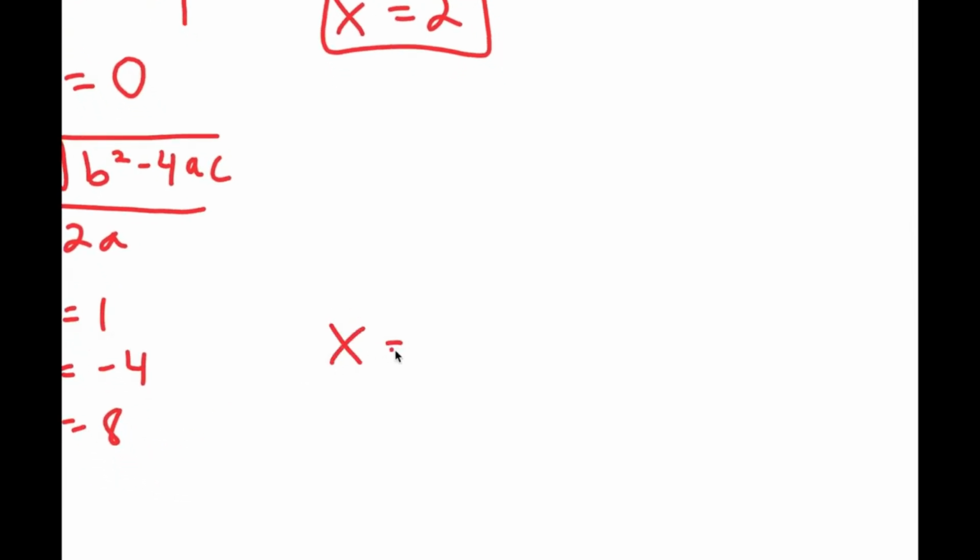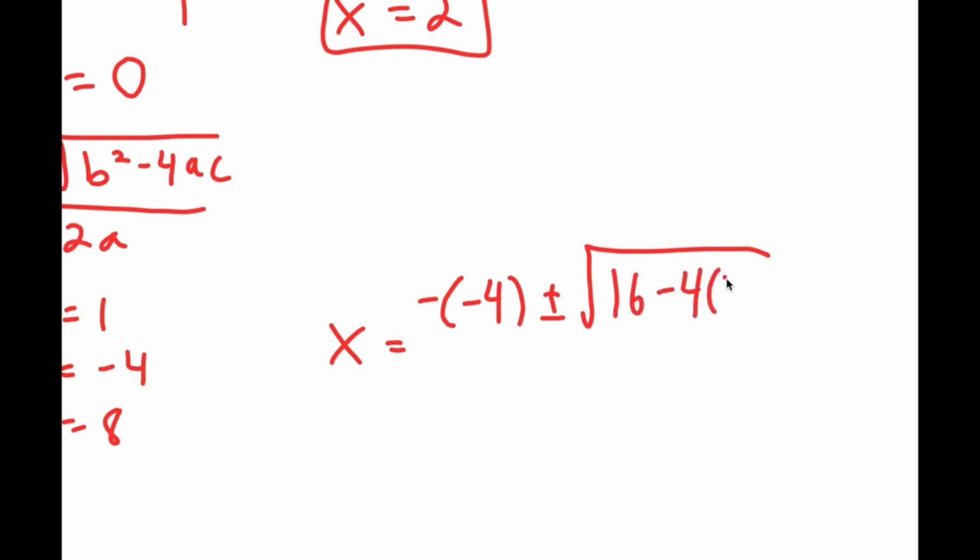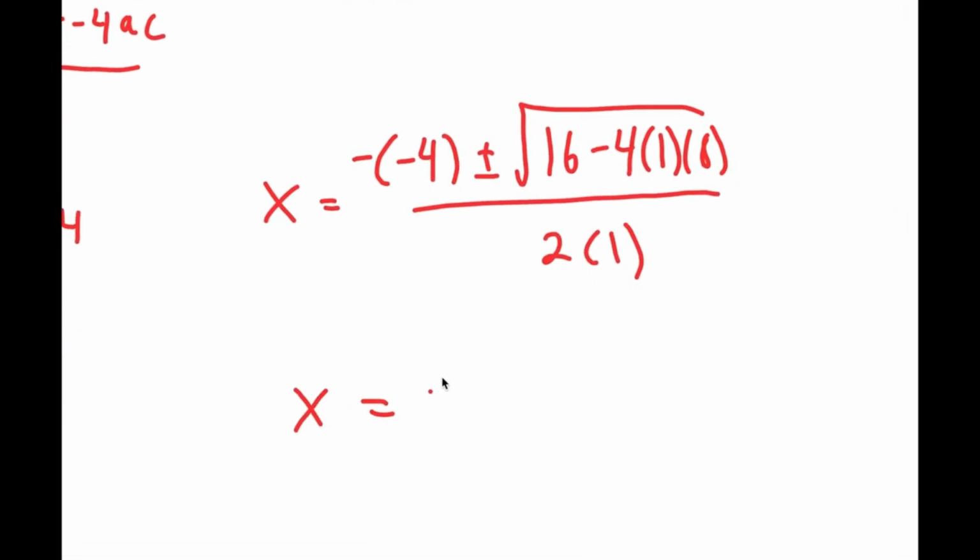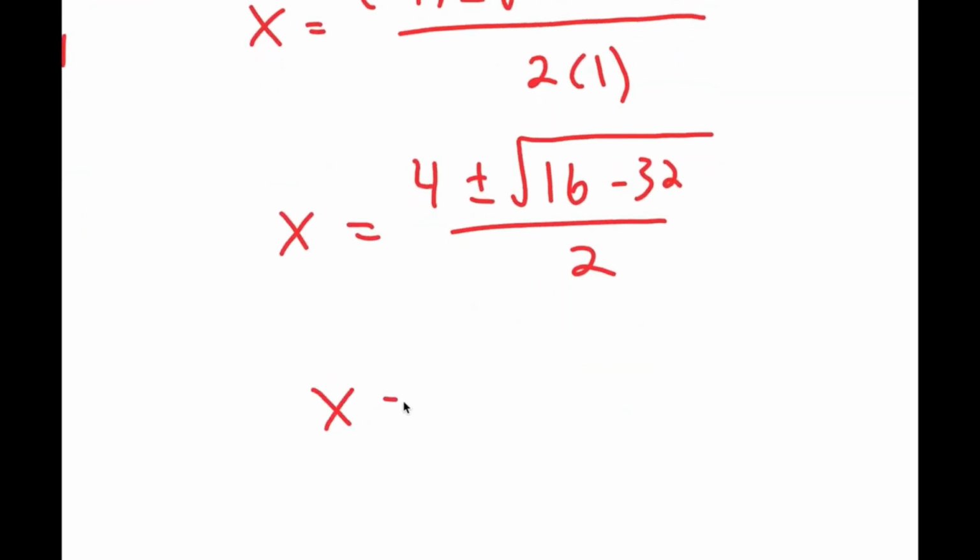So I have x is equal to negative of negative 4 plus or minus the square root of negative 4 squared, which is 16, minus 4 times a, which is 1, times c, which is 8, all over 2a, so 2 times 1. And this turns into 4 plus or minus the square root of 16 minus 32 over 2, which turns into 4 plus or minus the square root of negative 16 over 2.